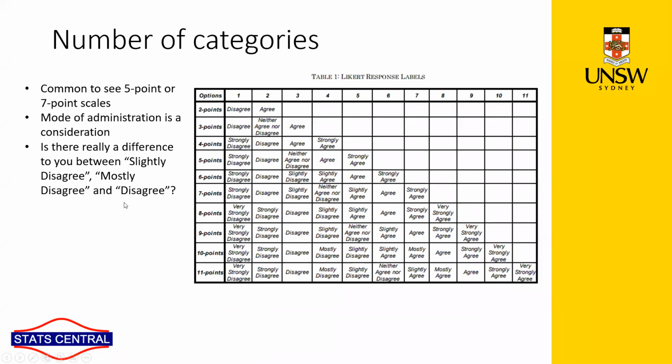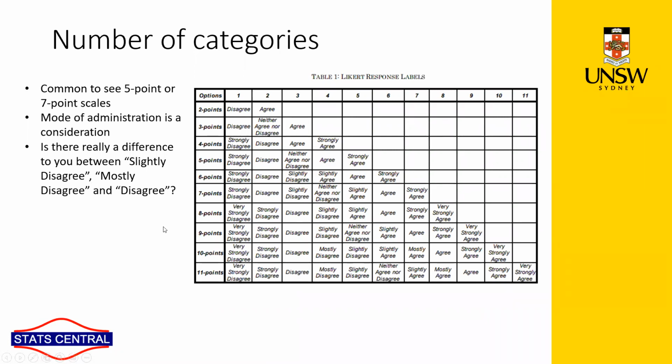So obviously, if it's in person or by phone, you're going to need to restrict the number of response categories available, because anybody really doesn't have the cognitive capacity to keep the question itself and the response scale in their head, and then also provide an answer to you.